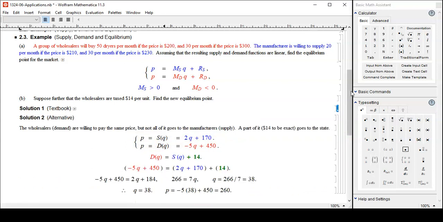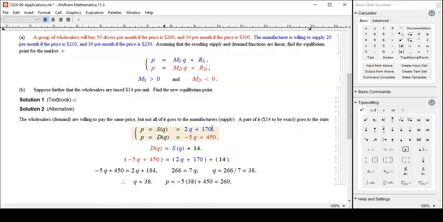Now the alternative way: do not change the model, same model. But the money the wholesaler pays is separated into the price tag for the supplier plus tax, so that the equation is the previous model and then plus 14 here, and that results in the same answer as before.